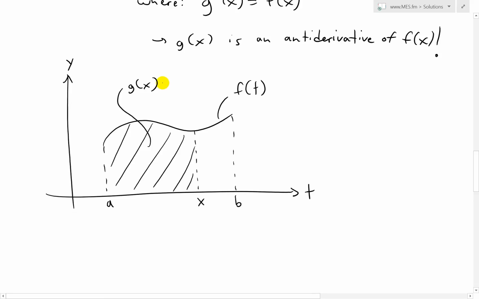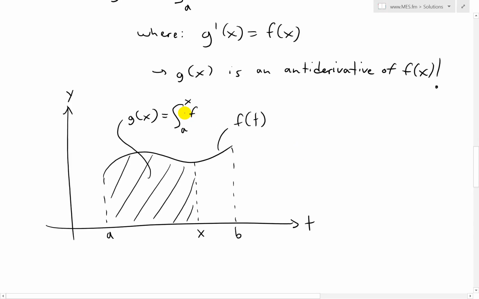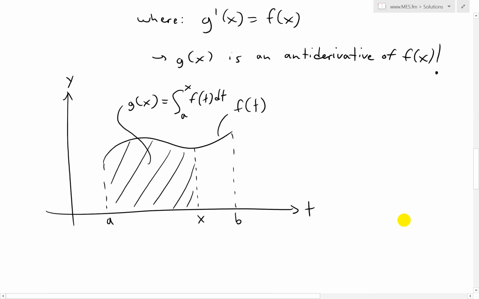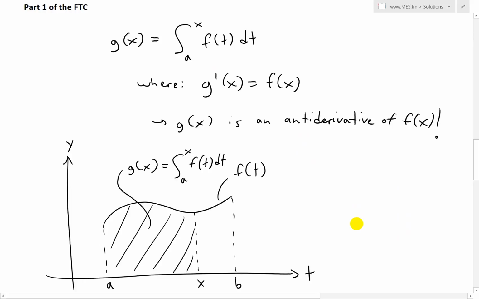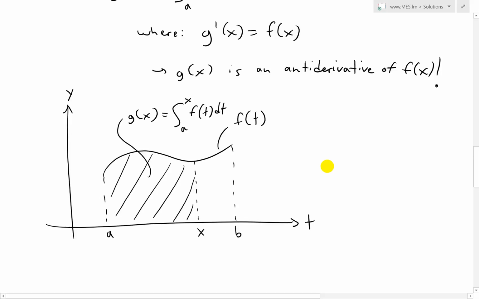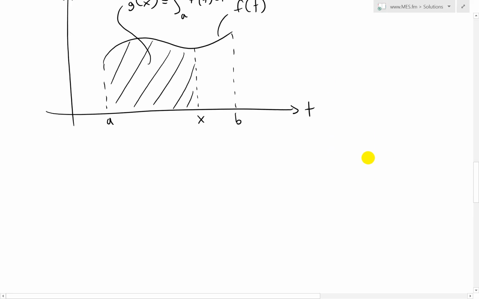Let's write this down: integral from a to x of f of t dt. This is one of the most important theorems in human history, actually, because it's easy to find the antiderivative of many functions, and that becomes the area under the curve, or the integral, which is quite remarkable.